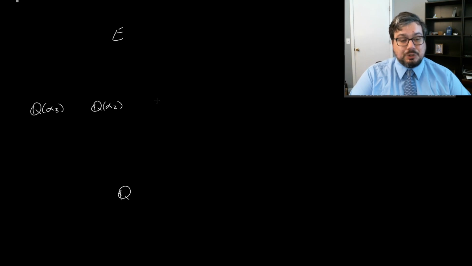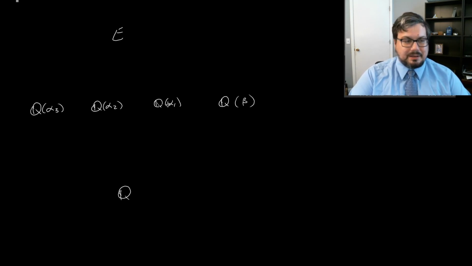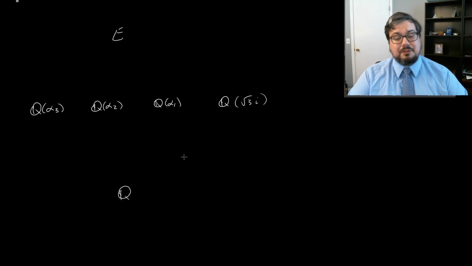And then we have the fixed field of phi12, which is Q(alpha 3). The fixed field of phi13, which is Q(alpha 2). The fixed field of phi23, which is Q(alpha 1). And then the fixed field of phi123, which is Q(beta), which we'll just go ahead and write as Q(the square root of 3 times i).